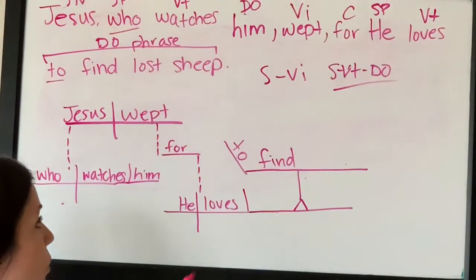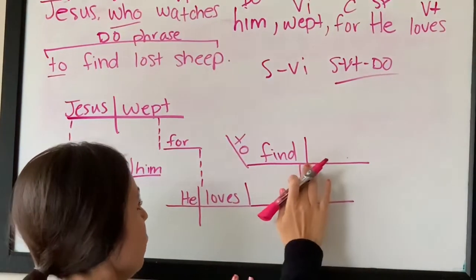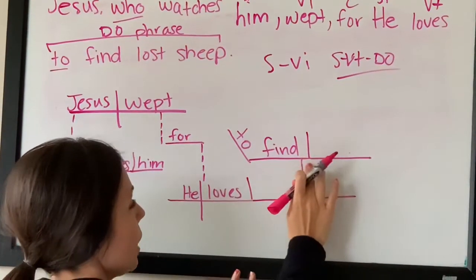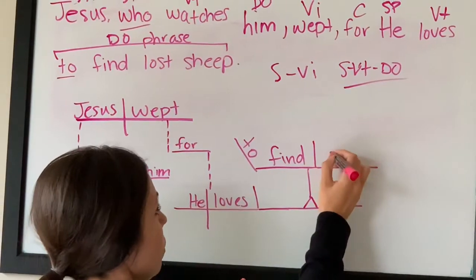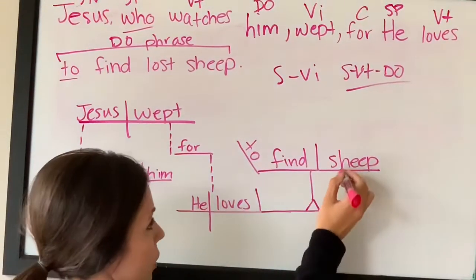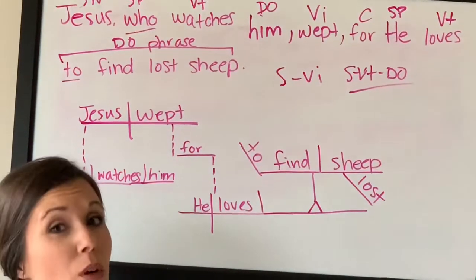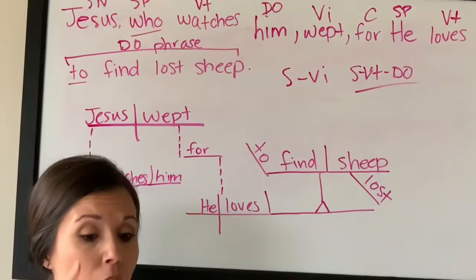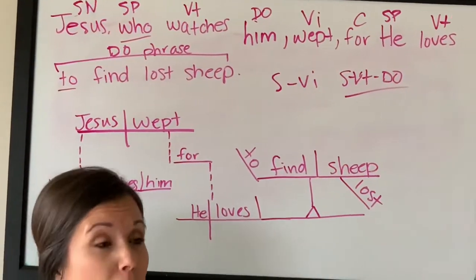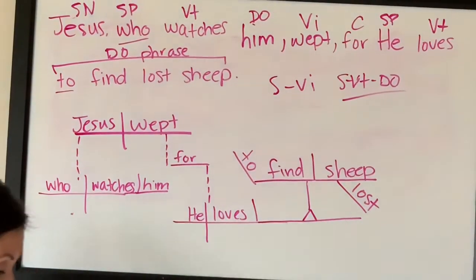There's no subject, but we have find, and then just like we would diagram a direct object, we would put sheep. And then we would say what kind of sheep? Lost sheep. So that would go underneath this. Now these are getting to be more advanced sentences. Remember, all the answers are inside the parent's guide, so you can find all the answers if something stumps you.